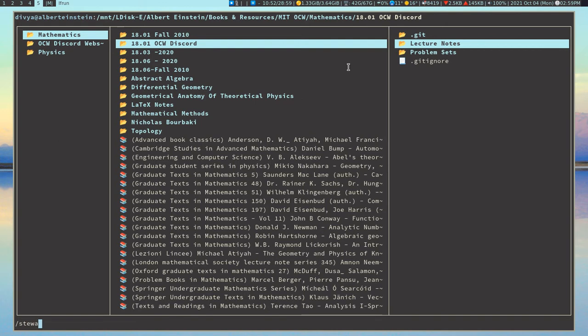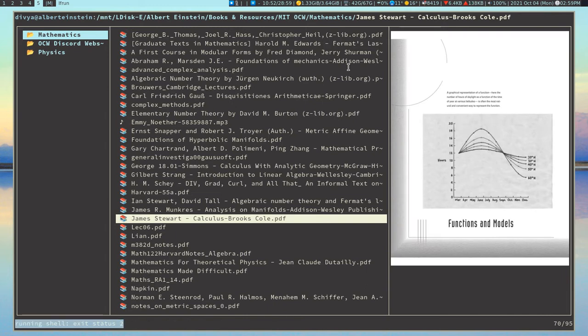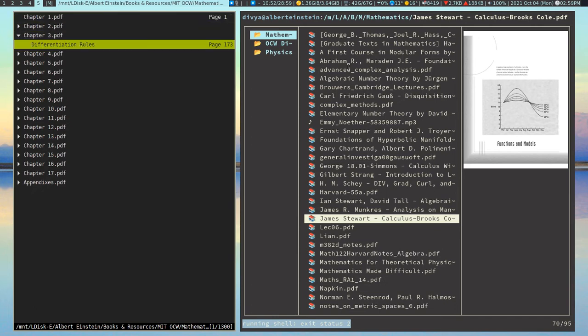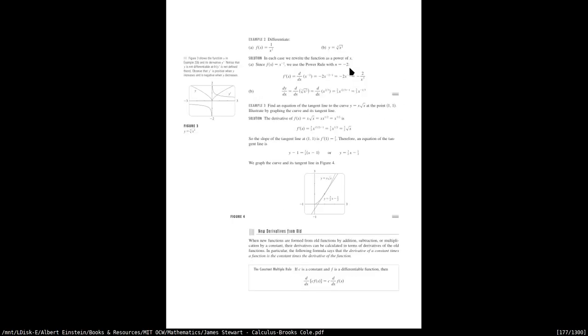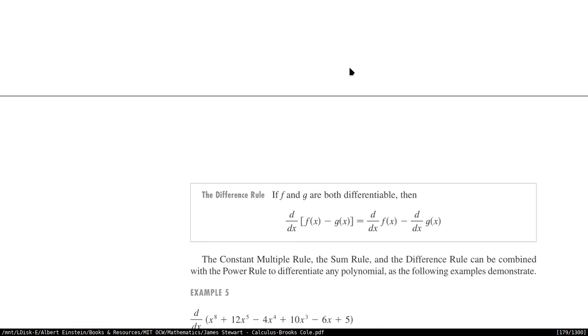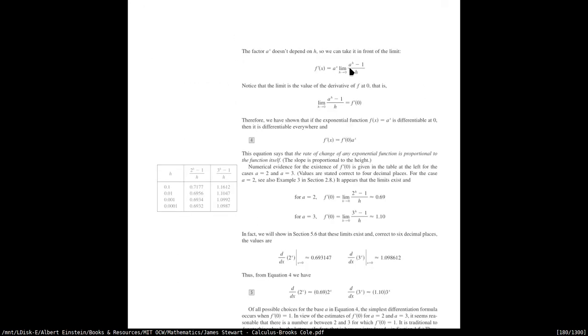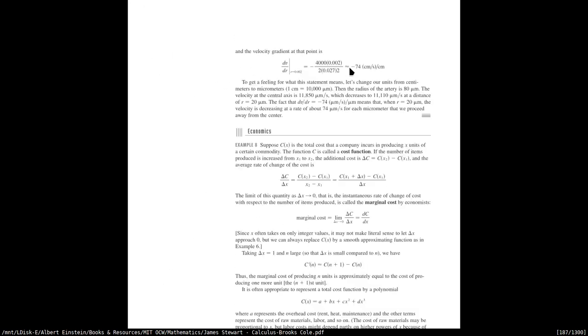I believe Stewart's book had a good chapter on implicit differentiation, if I remember. And this book is actually of our level. This is not like Spivak, something out of this world. So you can check and practice from this if you're interested.